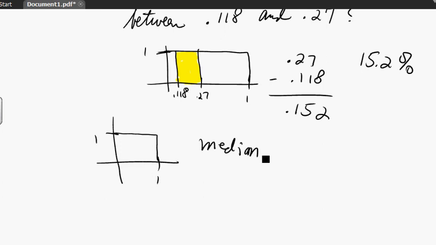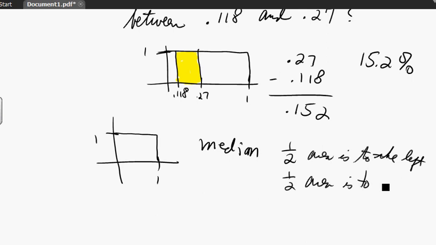The median is defined as the point on the horizontal axis where if I went up to the curve, 1/2 of the area is to the left and 1/2 of the area is to the right. So the median is at 0.5.